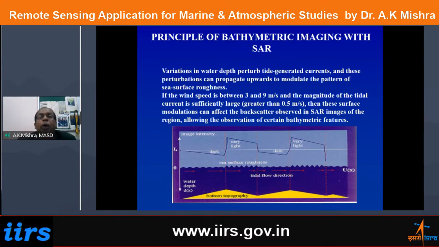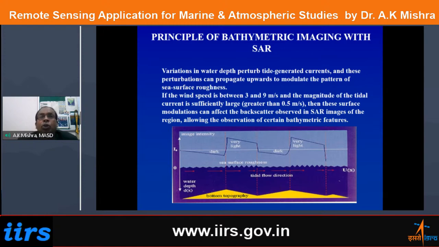So if you have a numerical model, you can initiate the model by providing the initial first guess bathymetry and the current and the wind over the area, and you can generate a surface roughness from the numerical model.